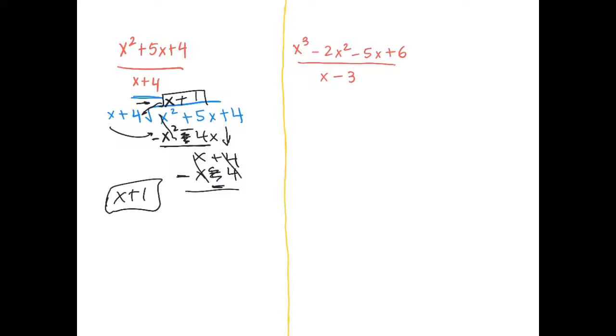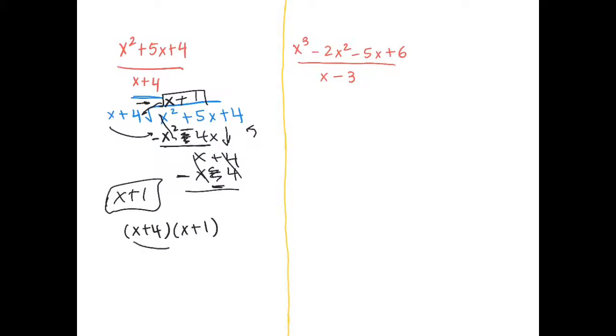And just to check, what we can do is take x plus 4 times x plus 1. And if we get our original equation, which is x squared plus 5x plus 4, we know that x plus 1 is our answer.